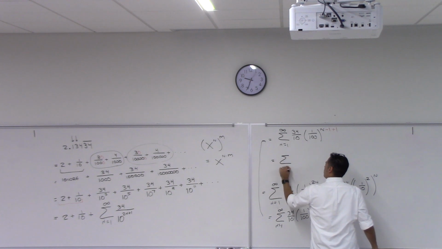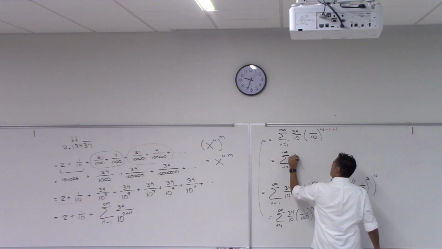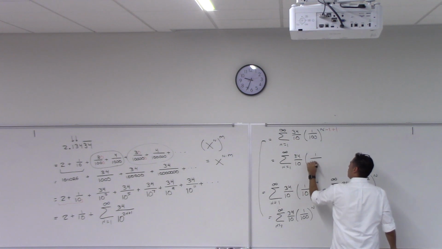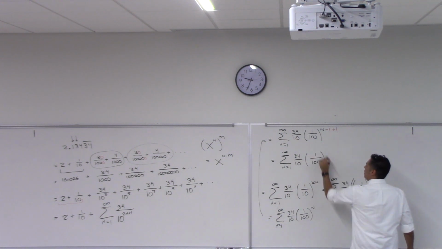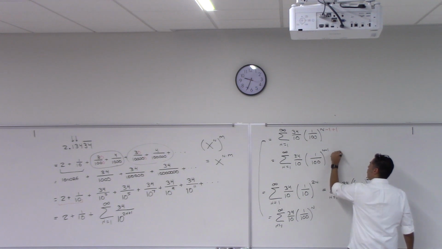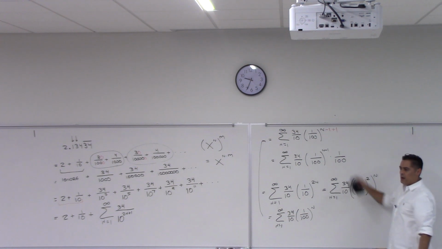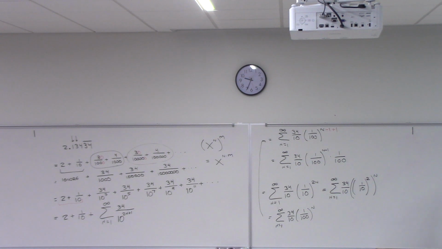Sum from n equals 1 to infinity of 34 over 10. I'm going to rewrite this as 1 over 100 to the what? N minus 1, and then what? Times 1 over 100 to the first power, which is just itself. What now?